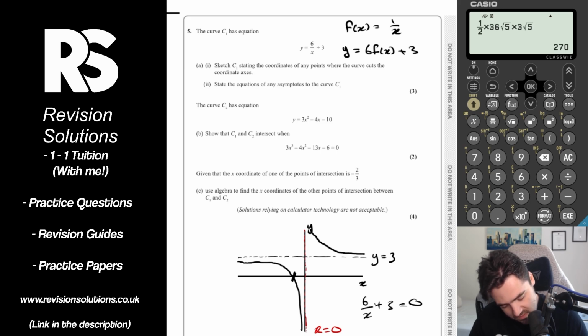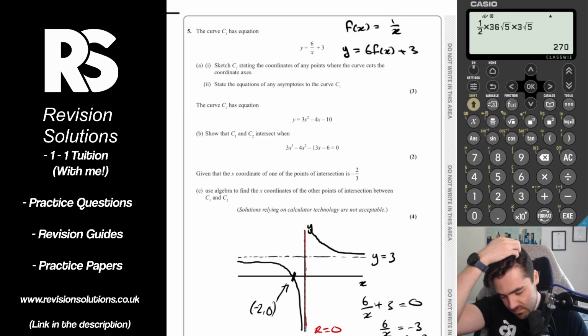That's 6 over x equals minus 3, which means x would be 6 over minus 3, or minus 2. So this point here is minus 2, 0. Good.